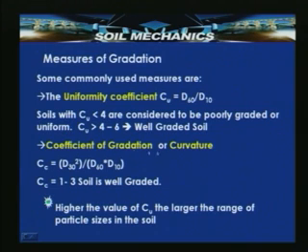Coefficient of gradation or curvature is another coefficient to measure gradation. Cc is equal to D30 square divided by D60 into D10. If the value of Cc ranges from 1 to 3, then it is understood as a well graded soil.